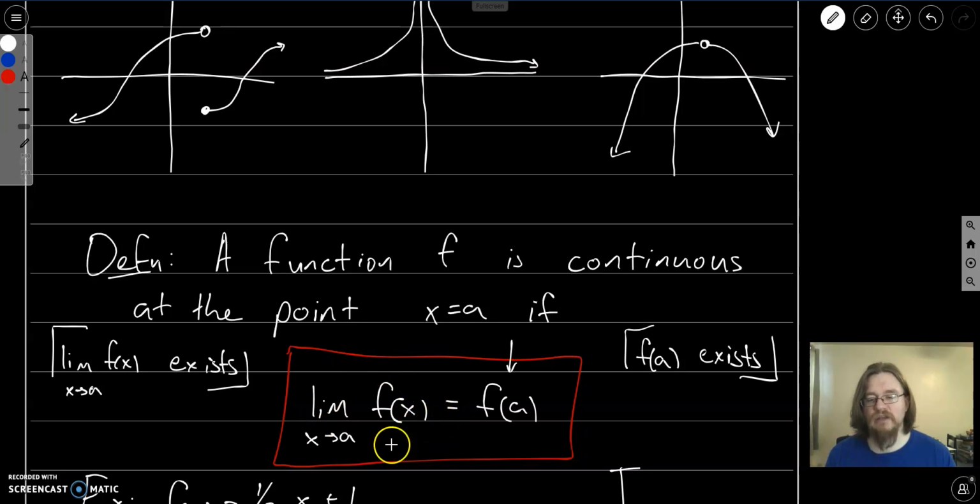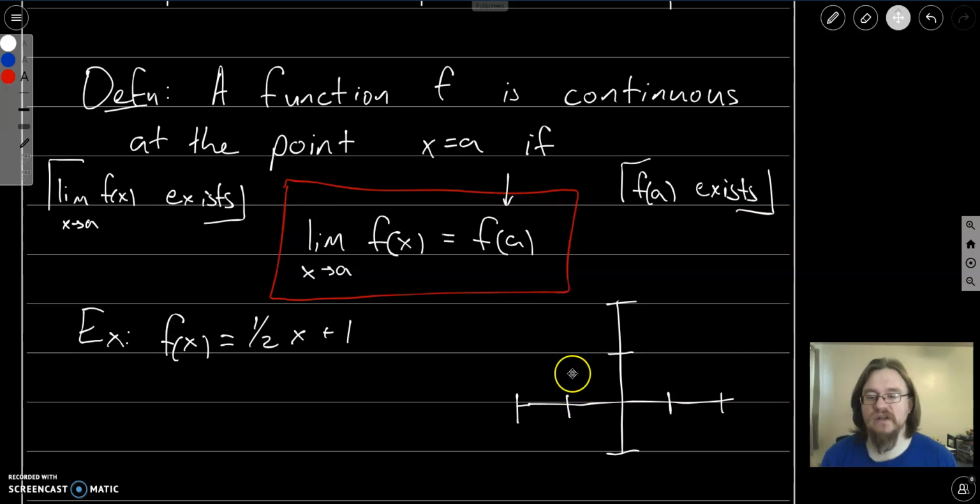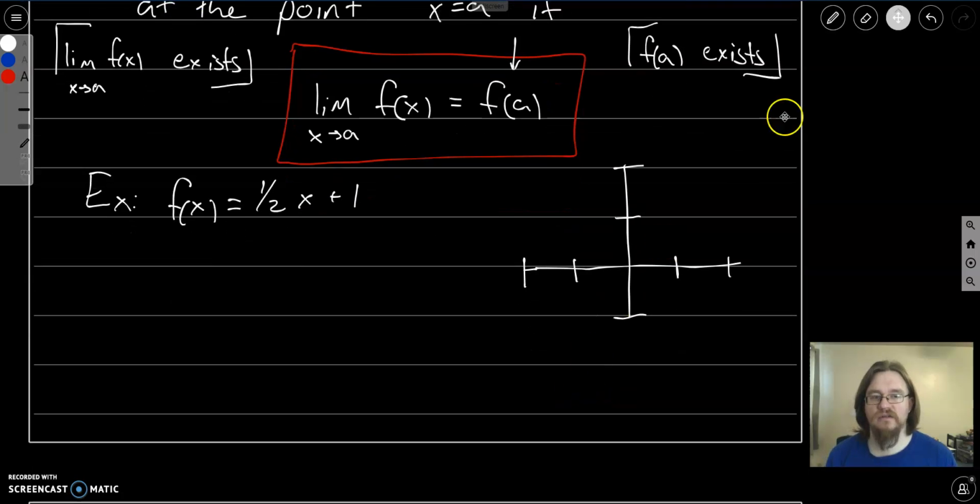Not only does the limit have to be equal to the function value, we have to find the limit first. So it has to exist, which means both the limit from the left and the right have to exist. But also we have to be able to plug a into our function, so we need that f of a also exists.